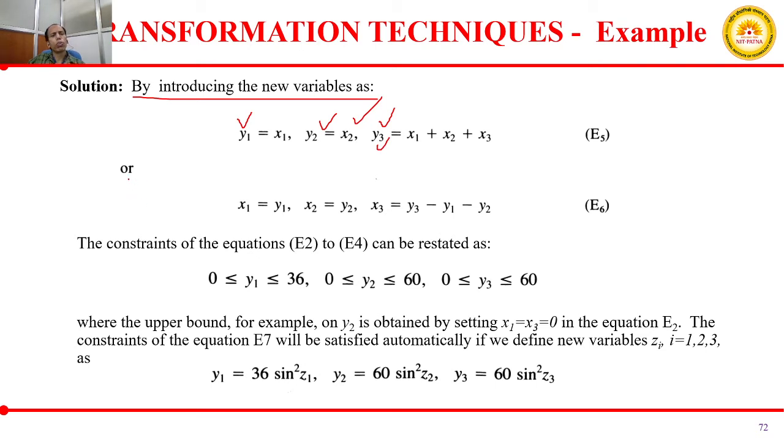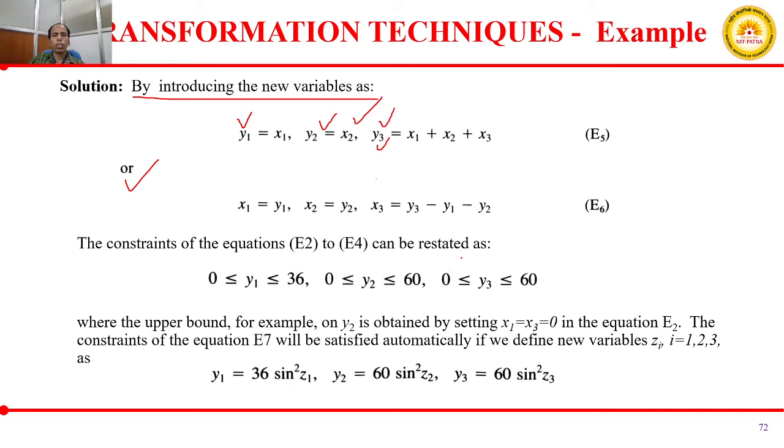Okay, so the values of your x1, x2 and x3 become x1 equal to y1, x2 equal to y2, x3 equal to y3 minus y1 minus y2. Then you may rewrite your constraints.